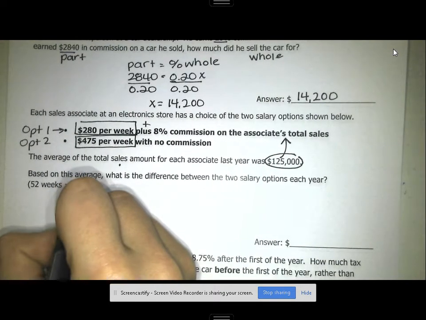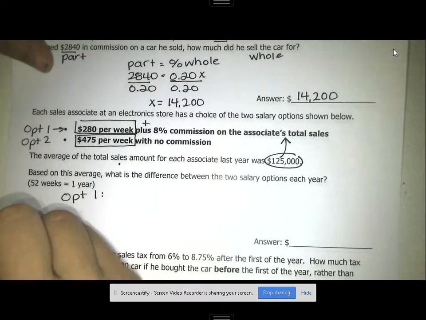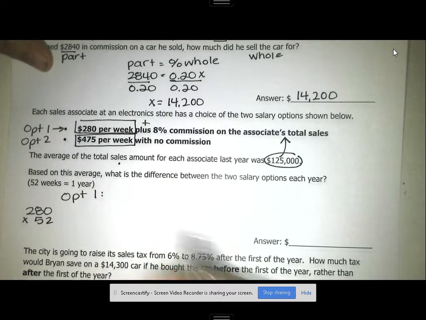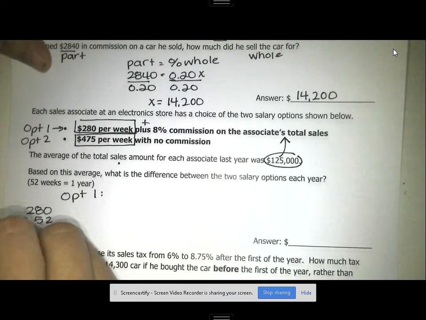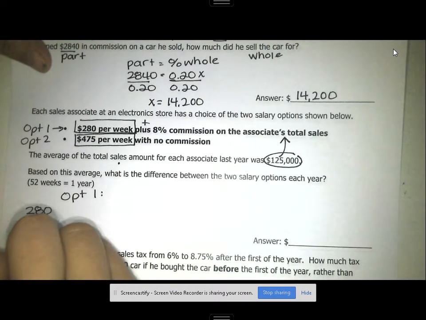All right. Based on this average, what's the difference between the 2 salary options each year? So let's look at option 1. So first you get $280 a week. So $280 a week for 52 weeks, because on average a year is around 52 weeks. Okay. So that means you get $14,560.